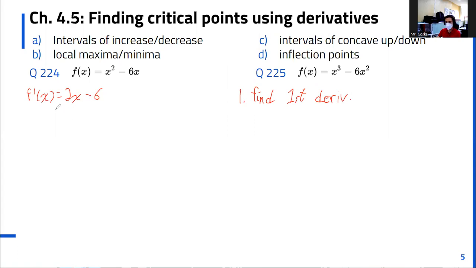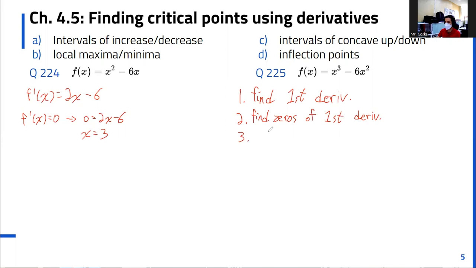Step number 2 is to find the zeros of the first derivative. So we set this first derivative equal to 0. And at that point, 0 is equal to 2x minus 6. So x is equal to 3.